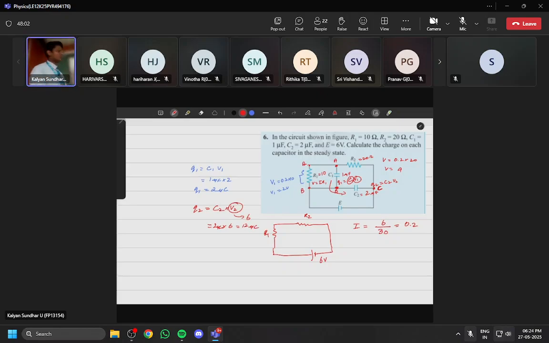Understood? So you have to find out the potential, right? This is for C1, how much potential? Of this, 2 goes, so for this one how much? 4, correct? Now these points will be equal to this potential, correct? So the potential is 6, right?